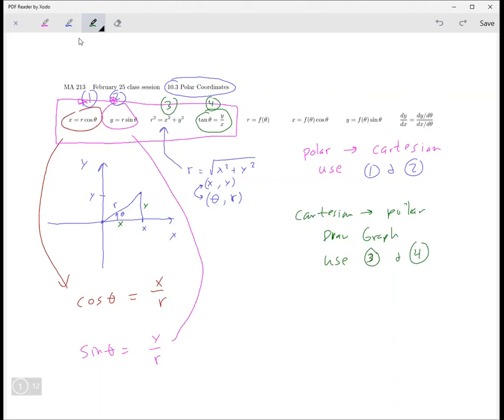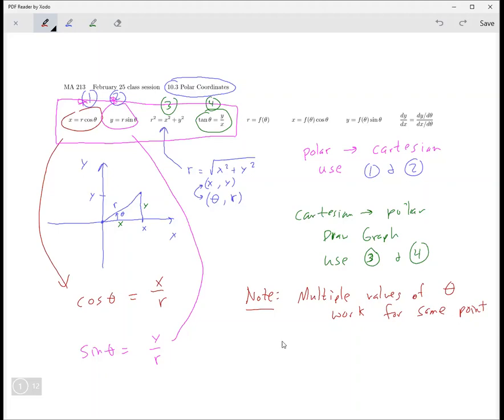And another thing to note when you're doing this is that multiple values of theta will work for the same point.